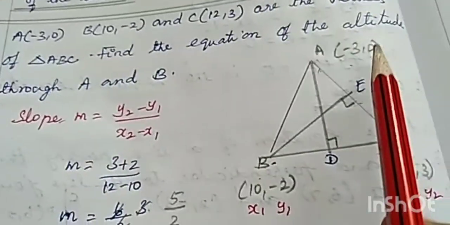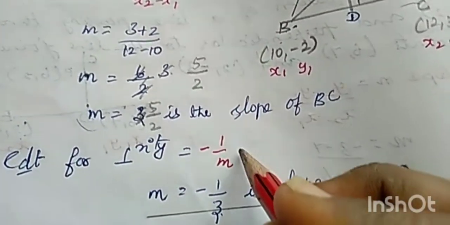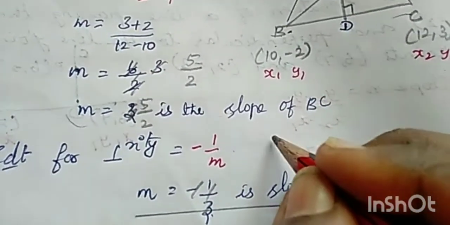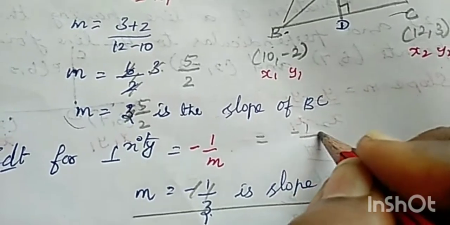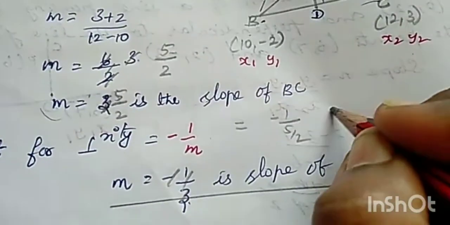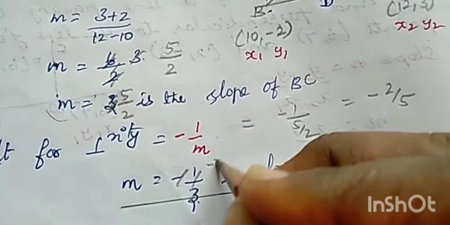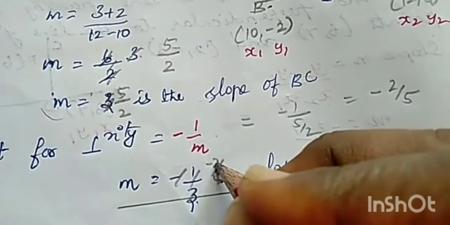Since it is perpendicular, altitude means perpendicular, so we have to apply minus 1 by m. If you apply minus 1 by m, you will get minus 1 by 5 by 2, which is equal to minus 2 by 5. So minus 2 by 5 is your new slope.